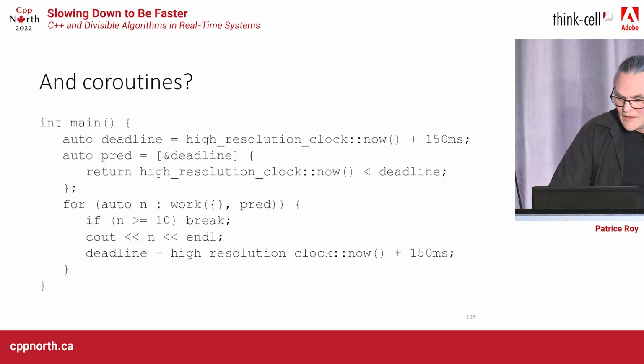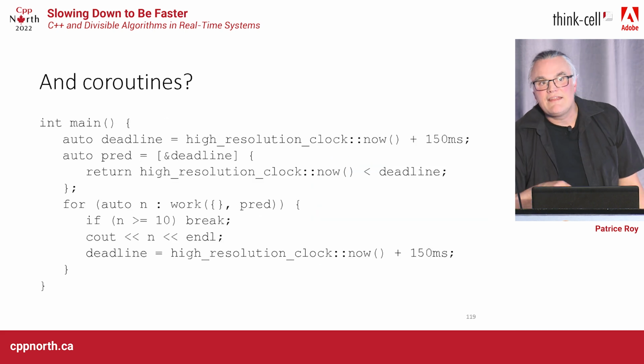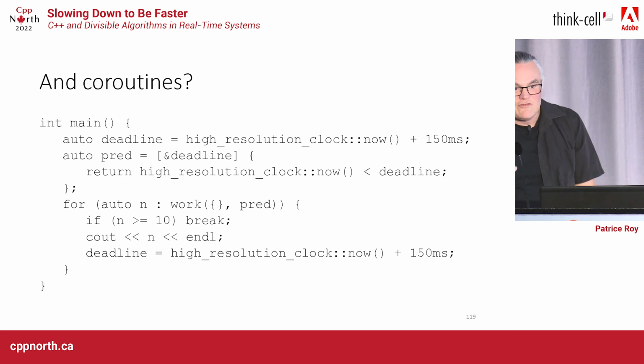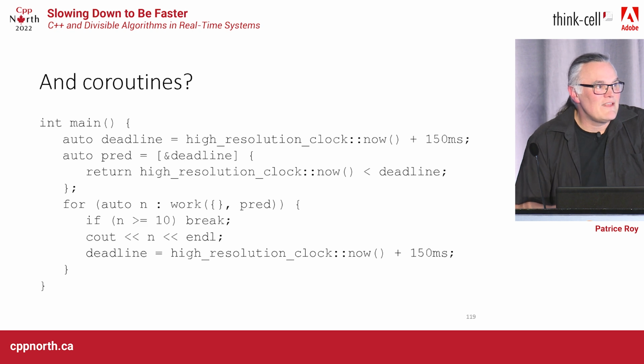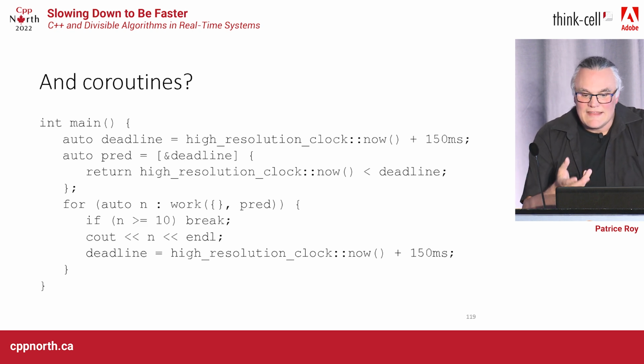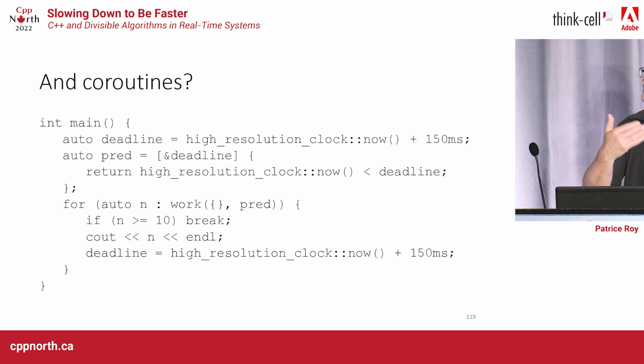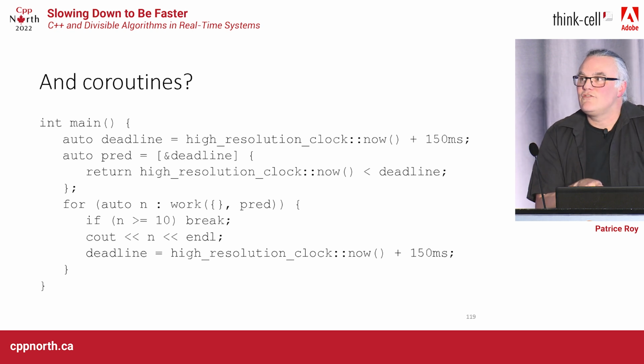There. So this is code that would take that into account. But as you can see, I'm using kind of a nasty lambda to make it work. So I have my deadline initially, that is, I'm giving myself 150 milliseconds or so, and I get a reference to the deadline.